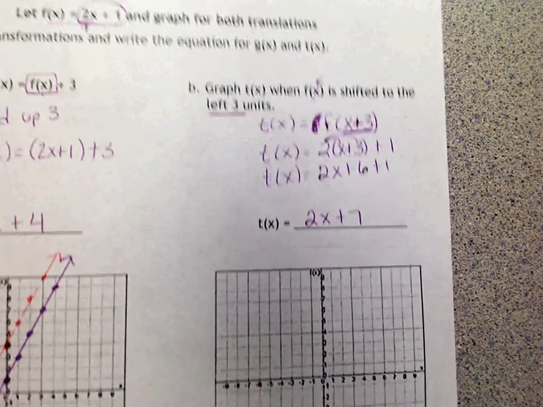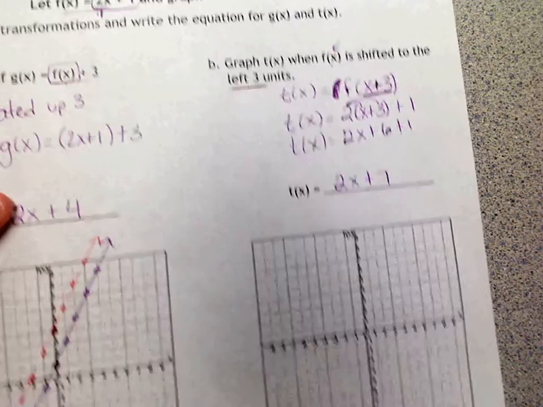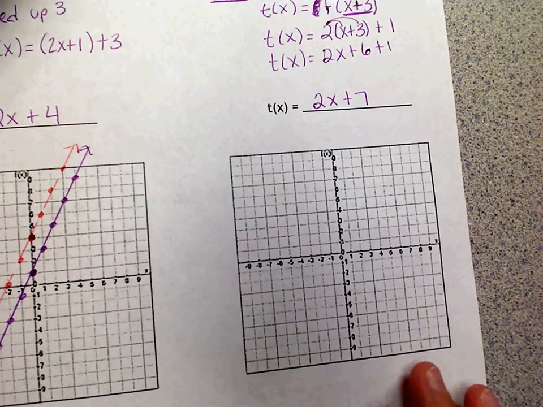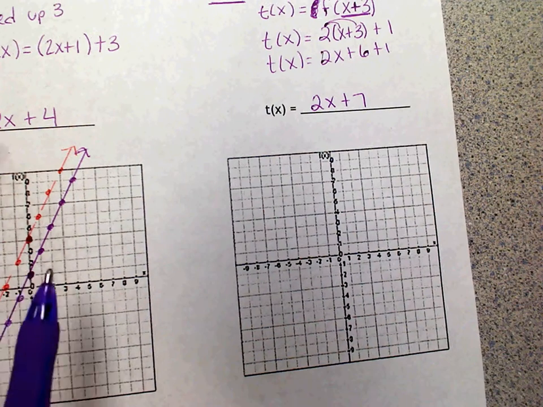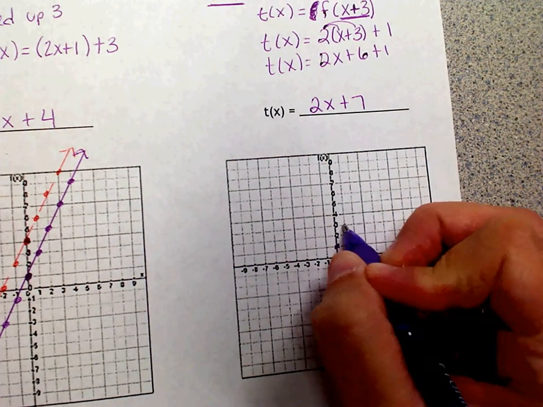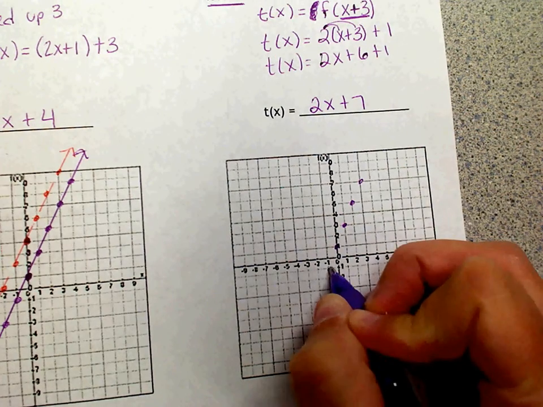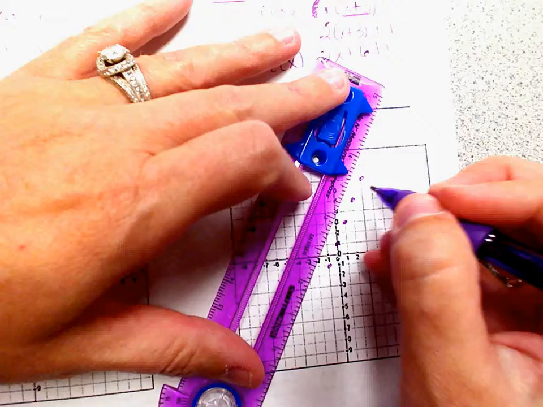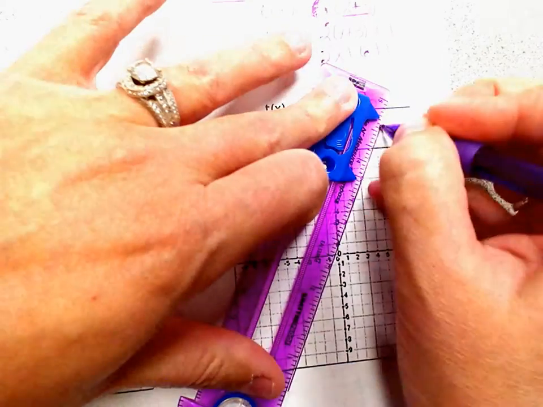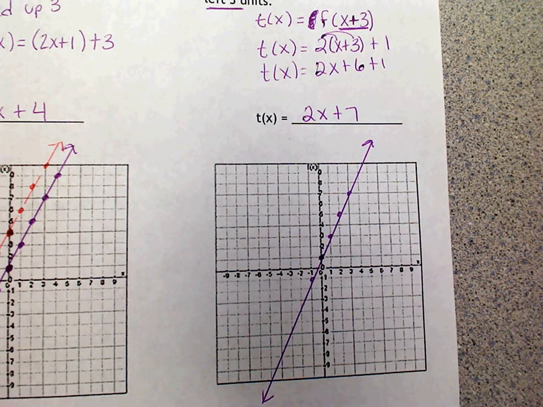Now, we're going to do the same thing we did with this one. Okay, we're going to graph the original one, which started at 1 and then went up 2 over 1. And like I said, you don't have to do every point, just enough that you can make your line. And then we're going to make our translated line, we're going to make that dotted or dashed.